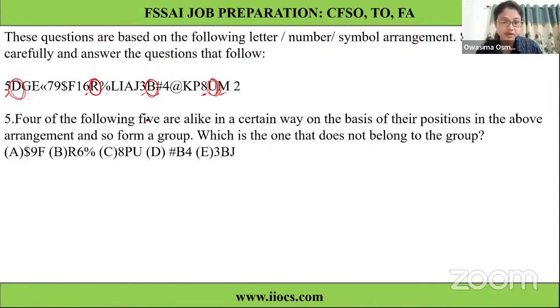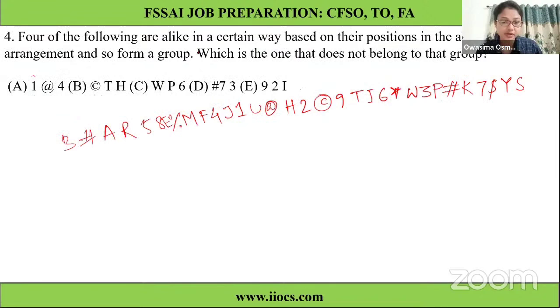We skipped that problem, na? Number 4. Four of the following five are alike in a certain way based on their positions in the above arrangement and so form a group, and which is the one that does not belong to that group.